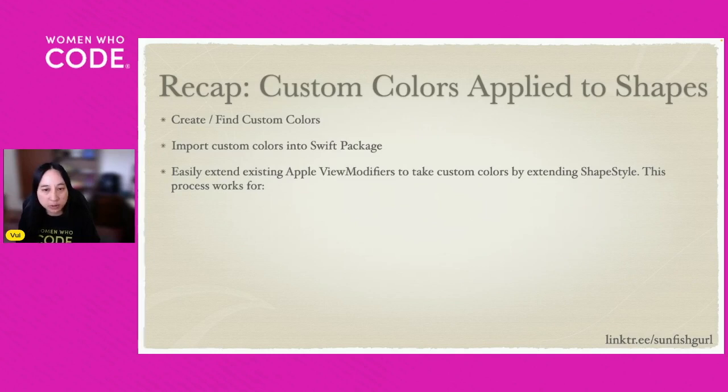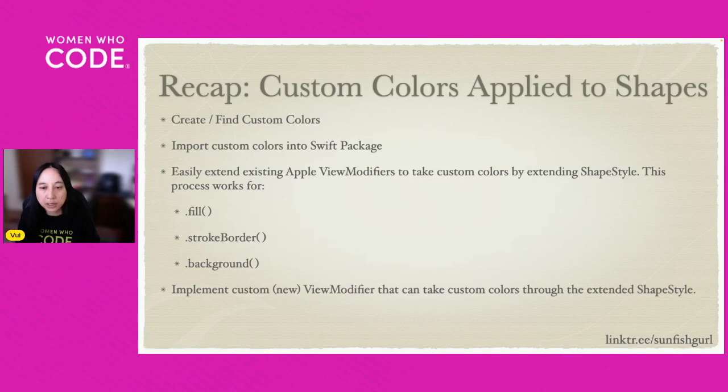This process works for the fill method, the stroke border method, and the background method. We can also implement a custom or new view modifier that can take custom colors through the extended shape style. This makes it possible for us to implement the custom fill method that will also draw a stroke border around our shape.